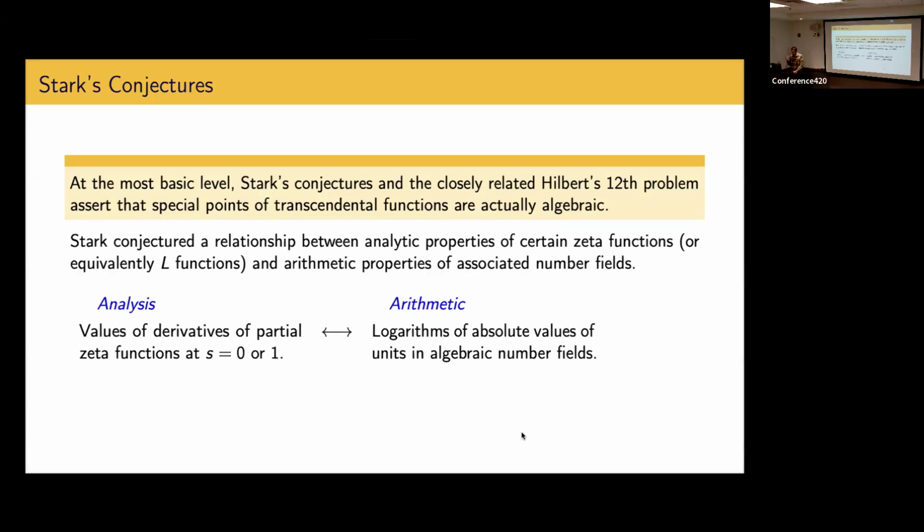To say it in slightly more detail, it's a conjectured relationship between certain analytic properties of things called zeta functions or L functions. We've all heard of the Riemann zeta function, where you sum over the integers 1 over n to the power s. There are slightly more general things that you can write down that are still called zeta functions, and other related things called L functions. You can study analytic properties of these functions and relate them to arithmetic properties of certain algebraic number fields.